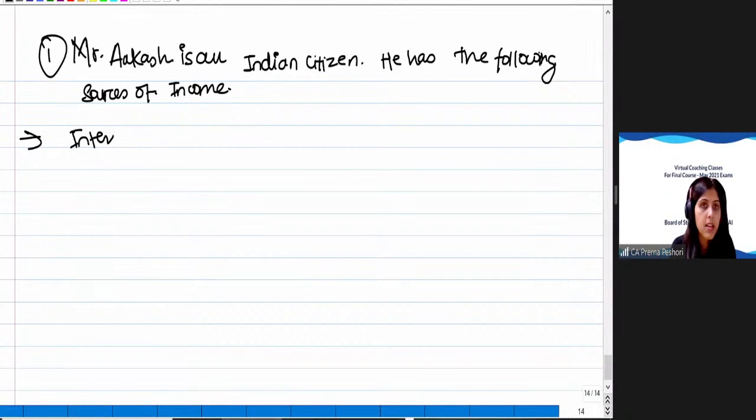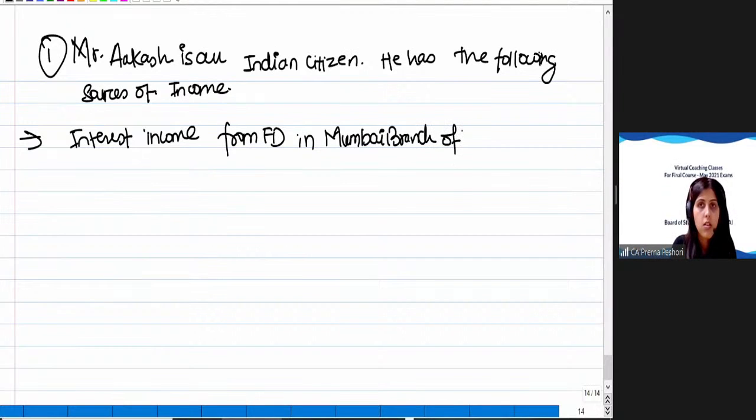He has interest income from fixed deposits in the Mumbai branch of Citibank, rupees 5 lakhs.